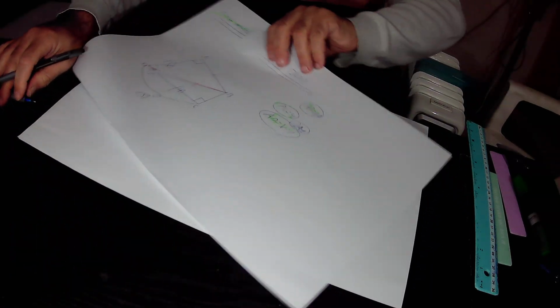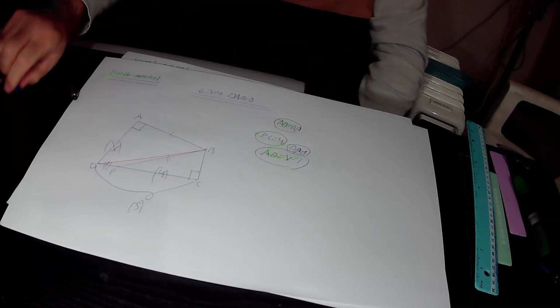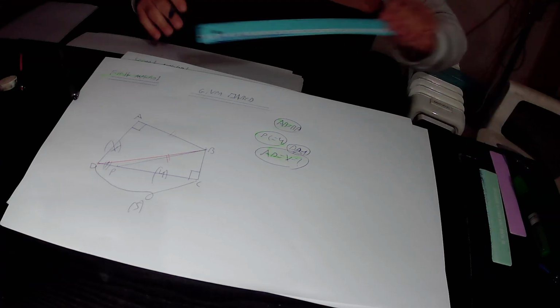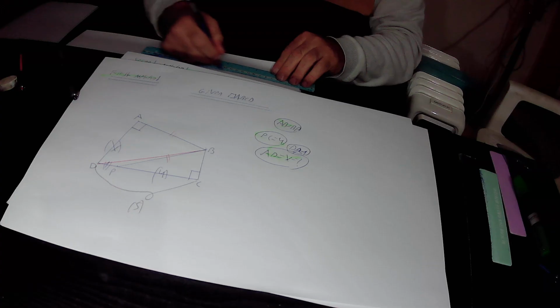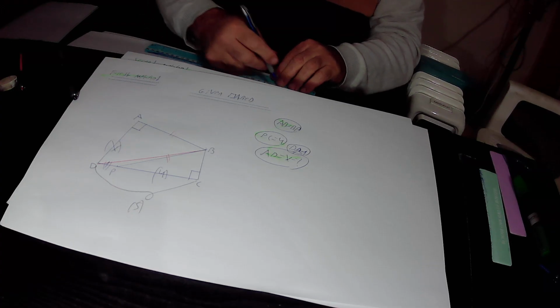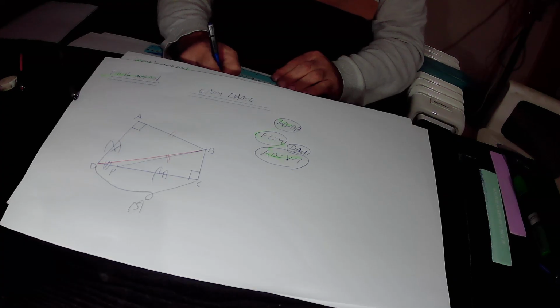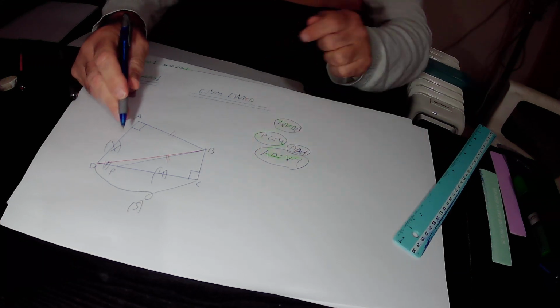So in this right lower triangle BDC, according to the Pythagoras theorem, BD square, that is the square of the hypotenuse, equals BC square plus DC square.